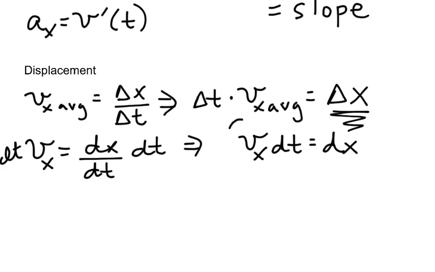I'm going to draw my little integration symbol here. Instead of taking the derivative of these expressions, I'm going to do the exact opposite of taking the derivative. In other words, if I were to take the derivative and I would get the answer v sub x, then what was it before I took the derivative? It turns out that would come out to be v sub x t.